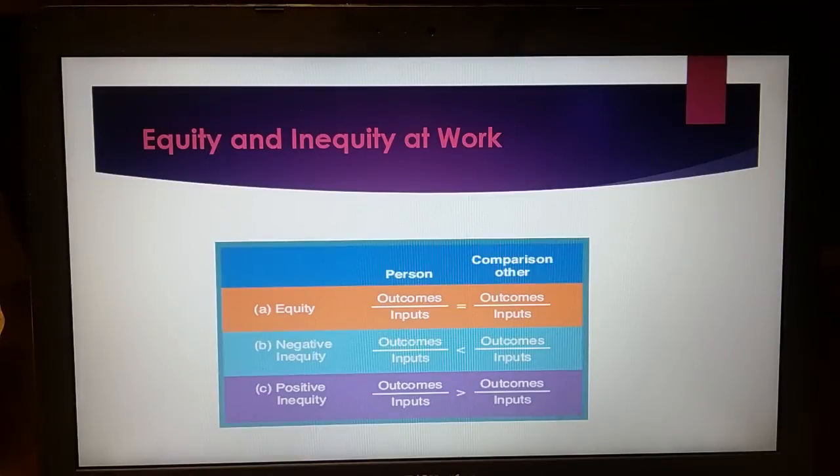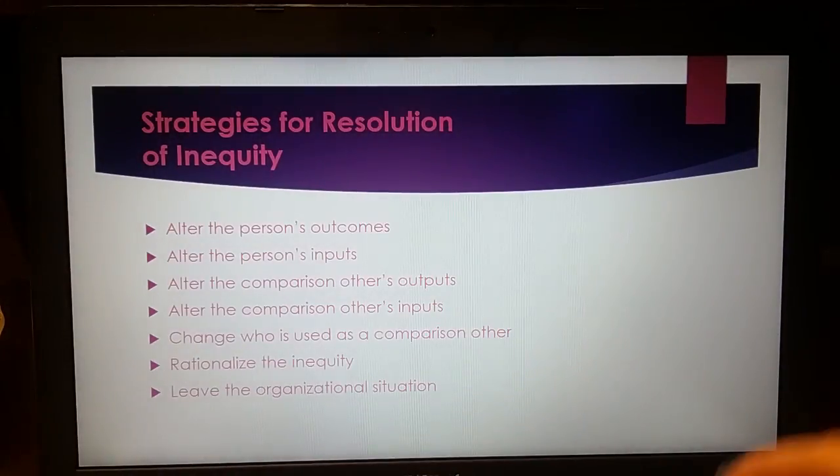And positive equity is that they feel they're getting more out of it than someone at a similar level. It could be measured in income, vacation time, benefit status, the variety of work that you do, the challenge of the work, the prestige of the work. How people measure it is as different as each person is to each other.